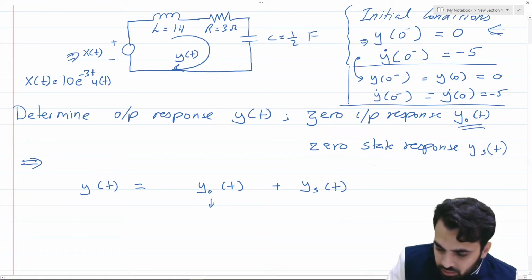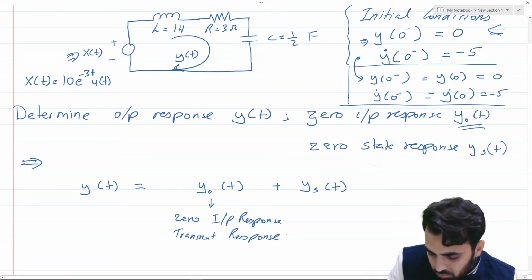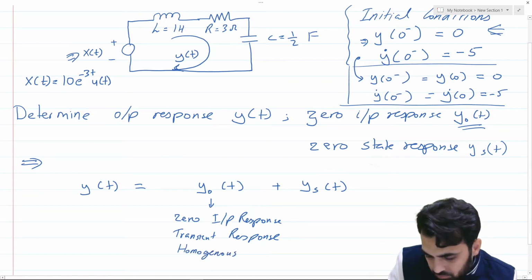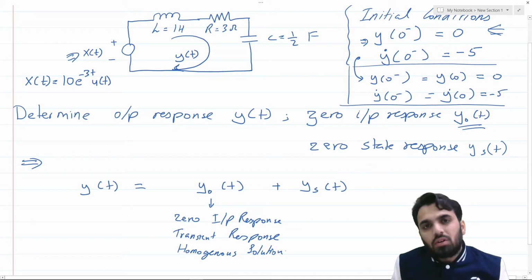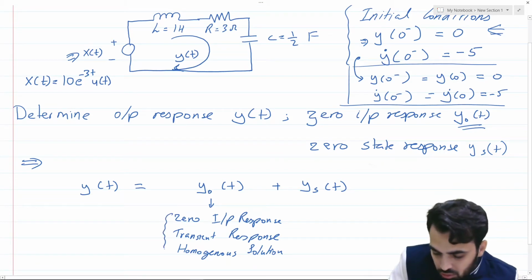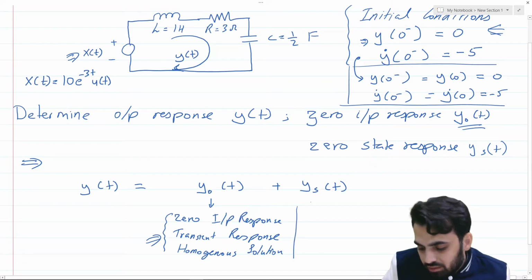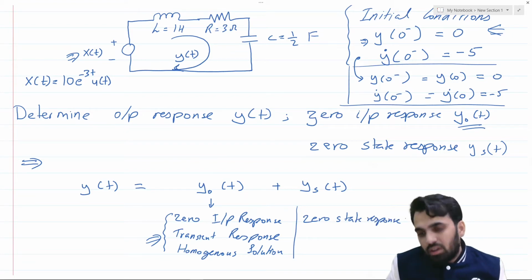So this is simply y(t) = y0(t) + ys(t). Here y0(t) is the zero input response, transient response, or a homogeneous solution to a differential equation. And similarly, ys(t) is the zero state response, steady state response, or we can also call it a particular solution of a differential equation.